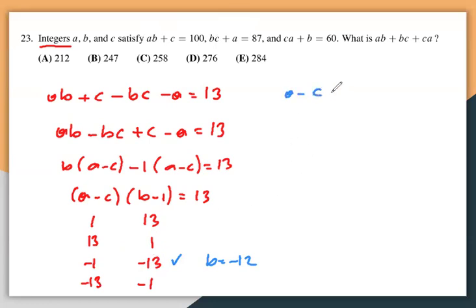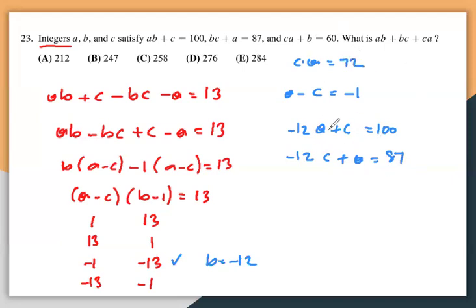If I plug -12 for B, that should be -12A plus C equals 100. If you plug into the second, you get -12C plus A equals 87. And the last one, if you plug B as that, C times A equals, this was -12, so just add 12 to both sides, you get 72.